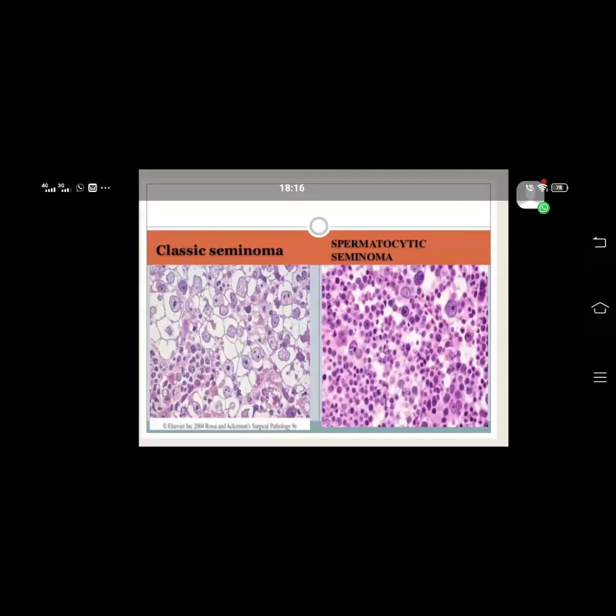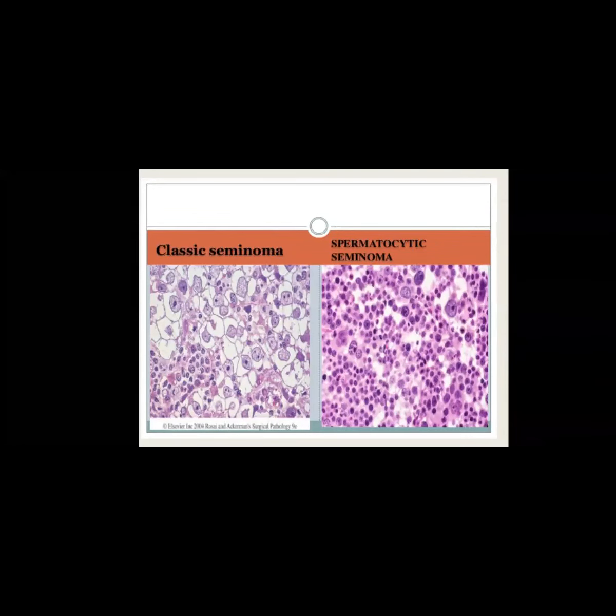So, summing up these two tumors, which are seminomatous germ cell tumors: one is the classic one and the other is spermatocytic. Taking the classic one, it usually comes in the 30s, whereas spermatocytic occurs in people greater than 65 years of age.